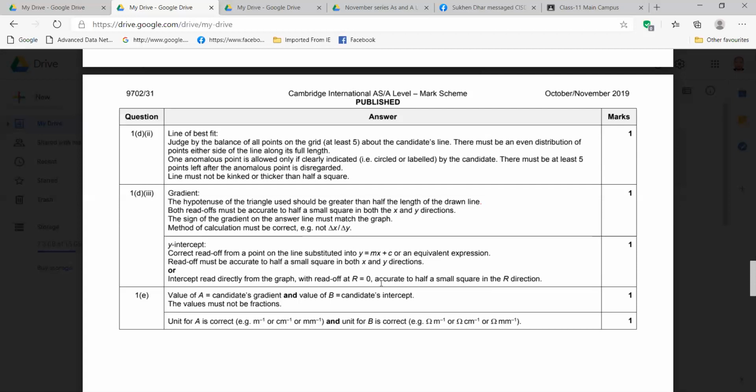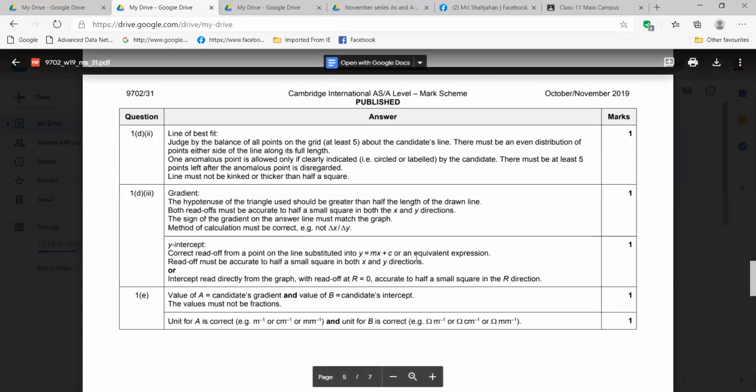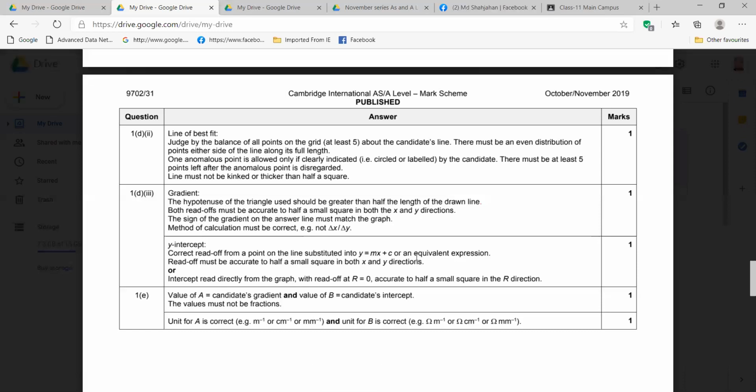So directly from the graph, how? With read-off at r equals 0, accurate to half a small square in the r direction. That means where it is intersecting the y-axis, there will be r equals 0, right? Then continue.